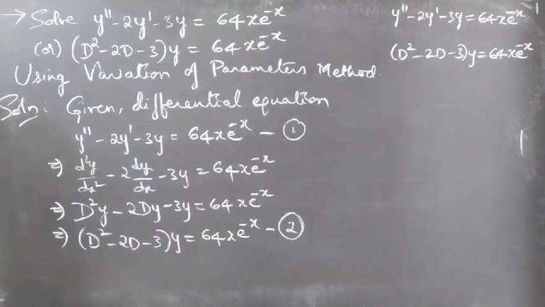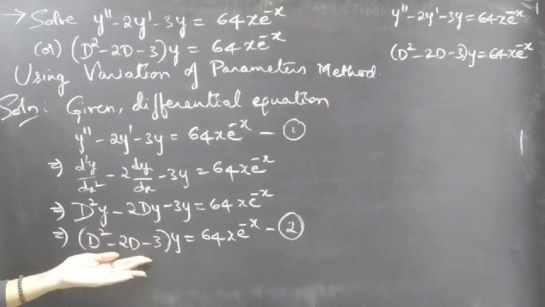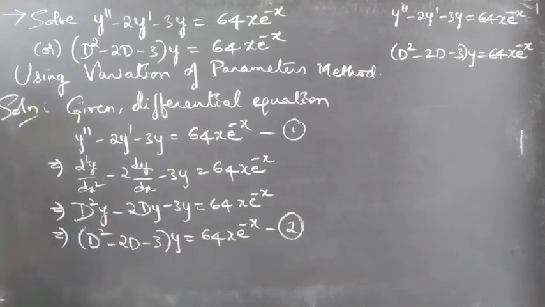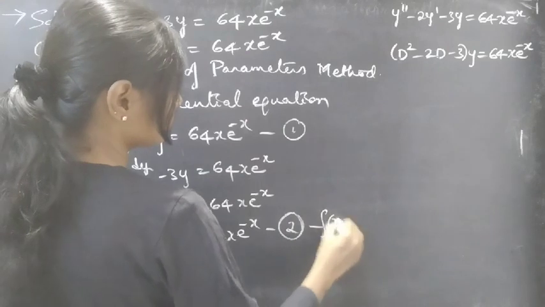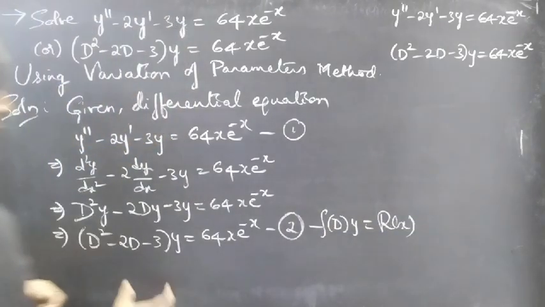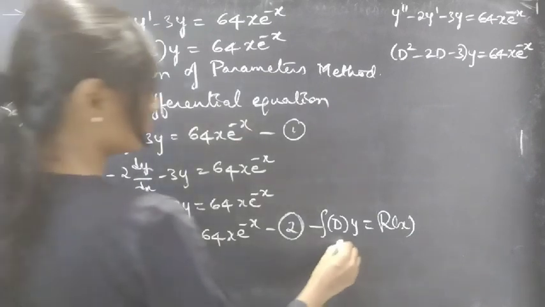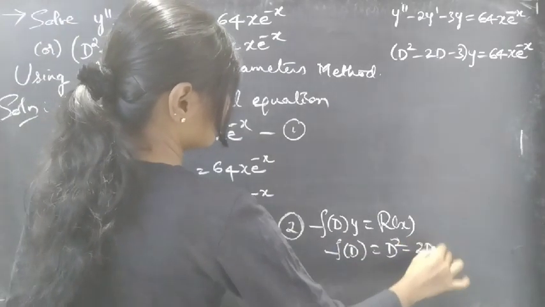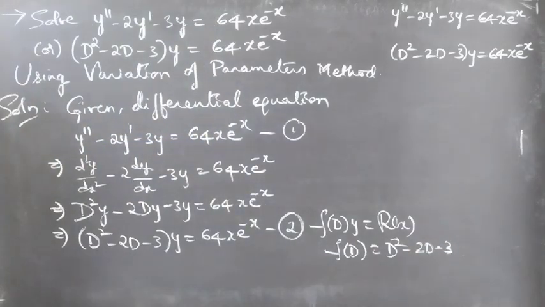Now, okay, this is in operator form, right? Say f of D into y equal to some function of x, where f of D is D square minus 2D minus 3. Right?